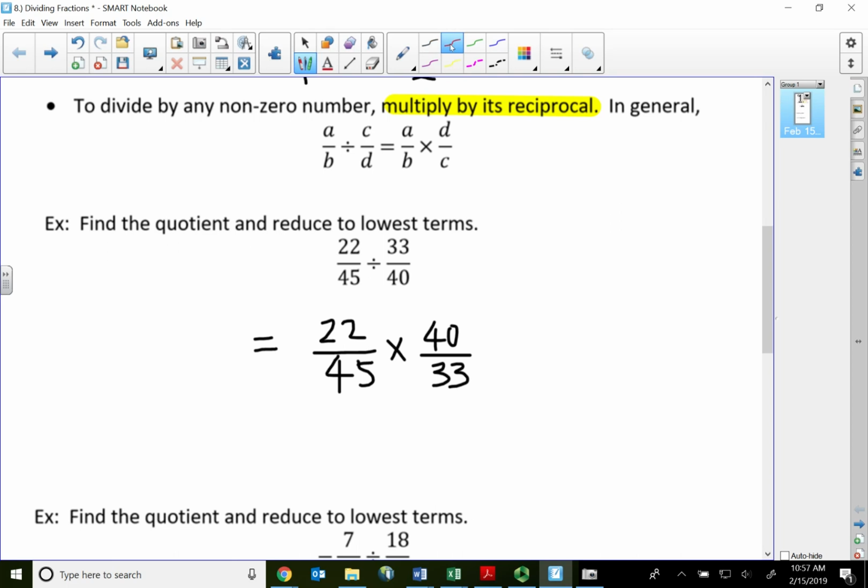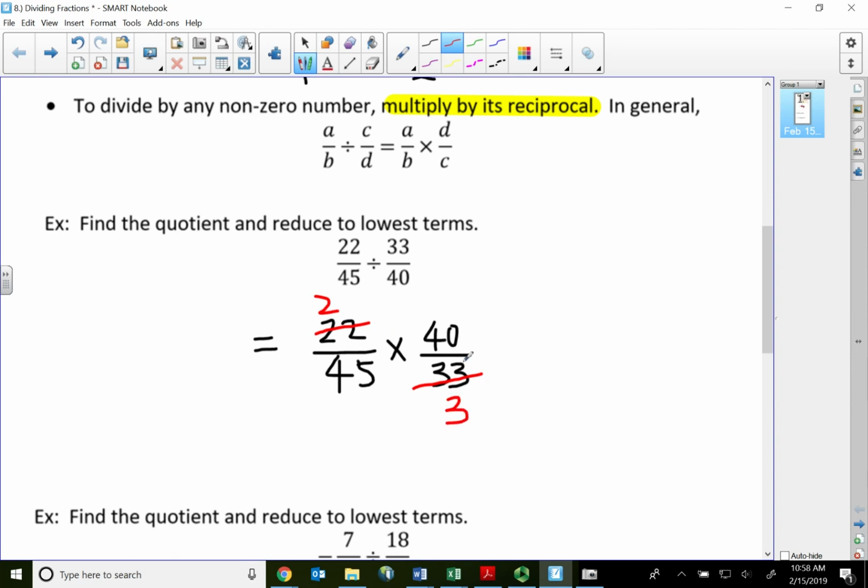When we multiply fractions, we can reduce the top number with the bottom number first before we multiply. The 22 on top and the 33 in the bottom can be reduced by who? By 11, which is one of the prime numbers. 11 going into 22, 2 times. 11 going into 33, 3 times.